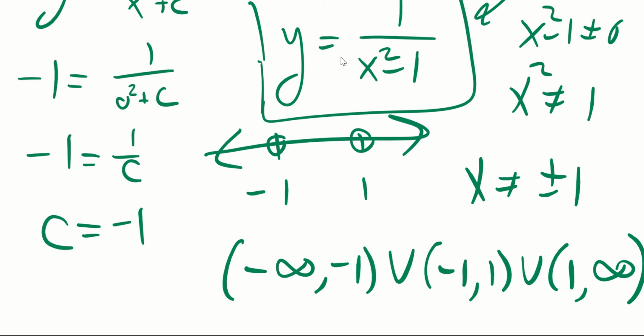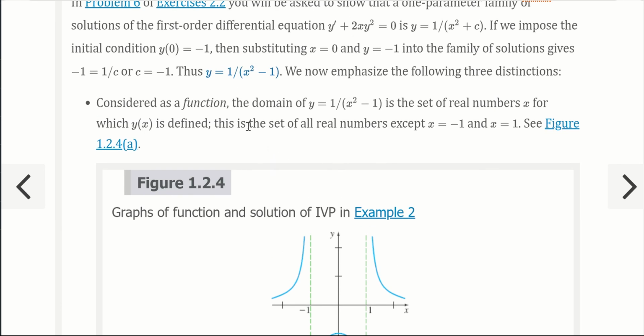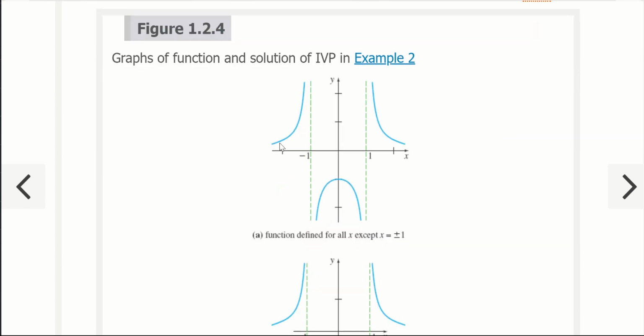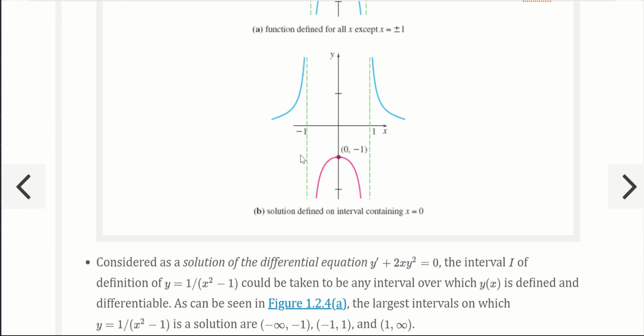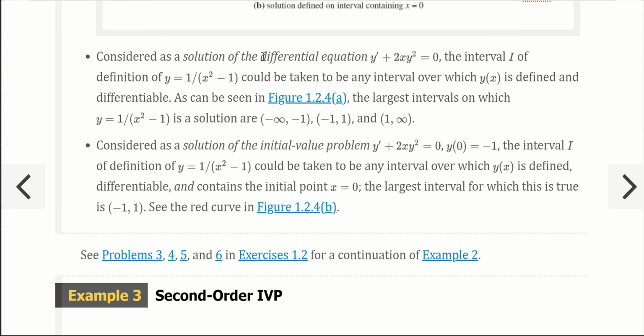Let's now talk about what that would mean for our differential equation. Again, as a function, the domain would be all values of x except negative 1 and positive 1. And if we wanted to, we could see what the graph looks like. When x is negative 1 and x is positive 1, at those values, we're going to have vertical asymptotes. Now, if we consider this as a solution of the differential equation, the interval I of definition for this function could be any interval over which y of x is defined and differentiable.